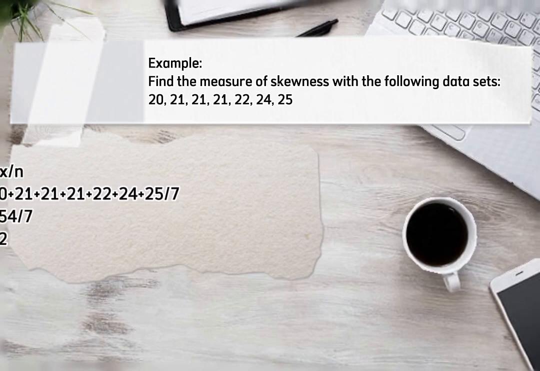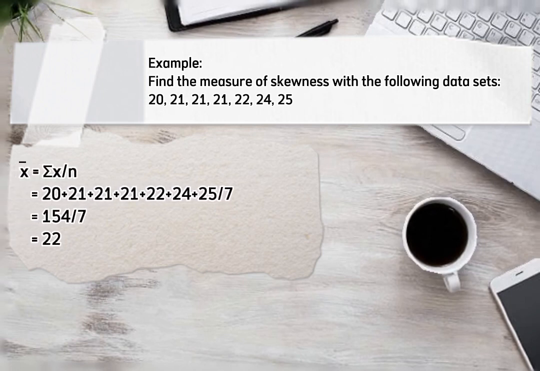Mean is equal to the summation of x over n. So, 20 plus 21 plus 21 plus 21 plus 22 plus 24 plus 25 over 7 is equal to 154 over 7, or 22. For the mode, the value that appears the most frequently is 21.